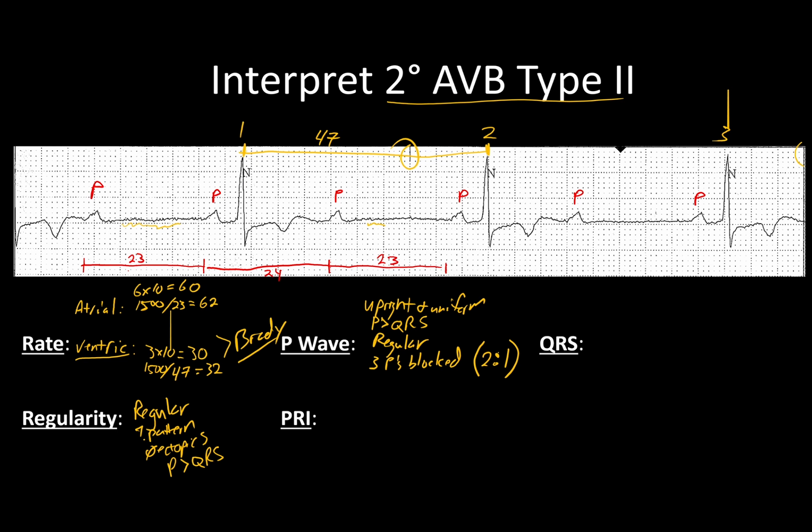Either way, the PRI is what we have to do next, so we need to get that measured out. We'll start right here, and that one goes to about right here or so, and that gives us 6 small boxes. This one here, about right there, and that's another 6. And so probably about right there, and there. 6 again.